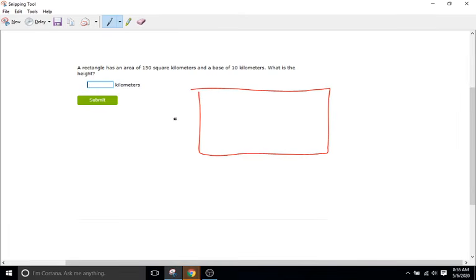Okay, so it says we have an area of 150 square kilometers. And it says the base is 10 kilometers. And what is the height? What is our missing height? This is what we're trying to find.